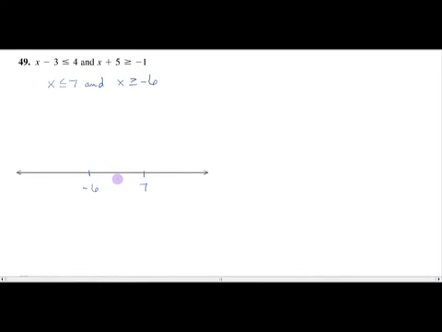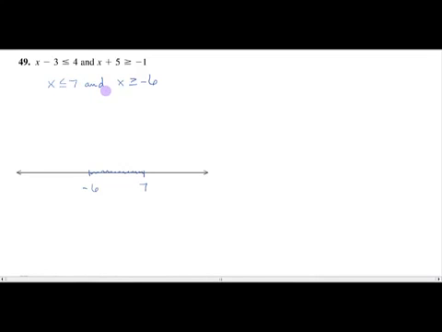Let's say I want to test a 0. 0 is less than or equal to 7. That's true. And 0 is greater than or equal to negative 6. That's also true. So I'll go ahead and shade that interval. Let's test over here an 8. 8 is less than or equal to 7. That's not true.